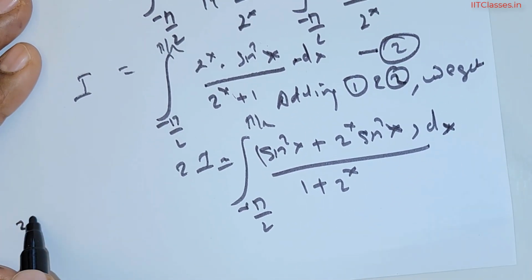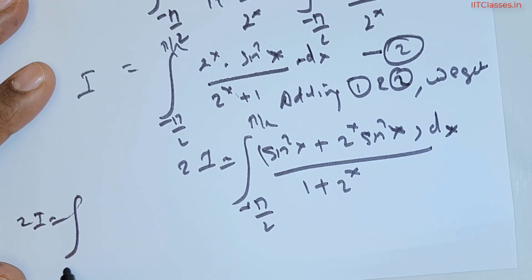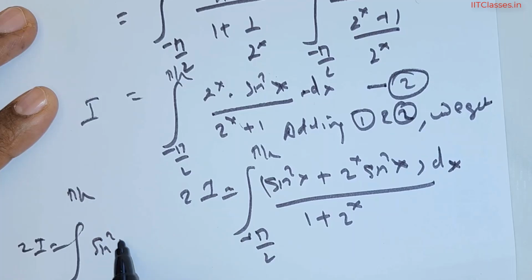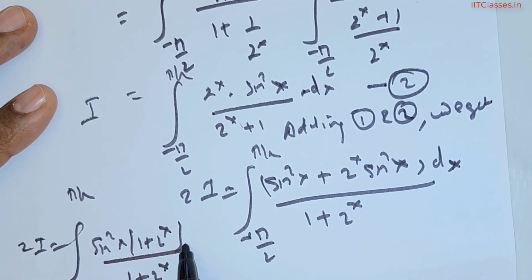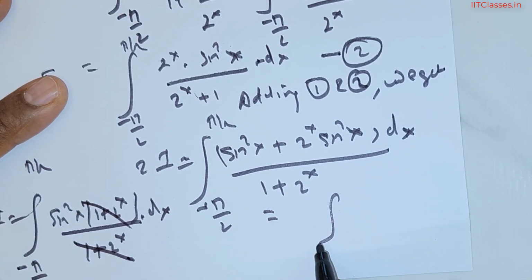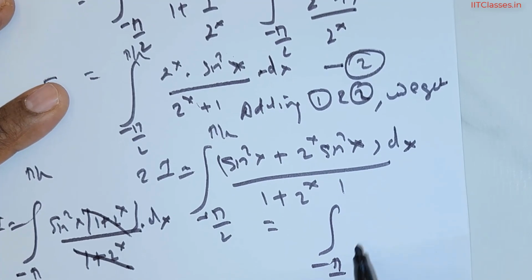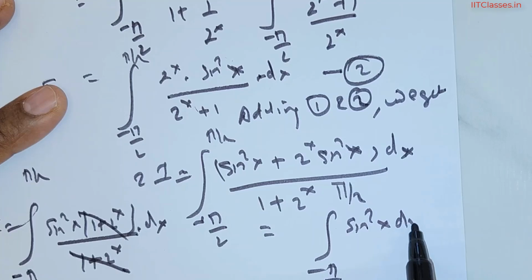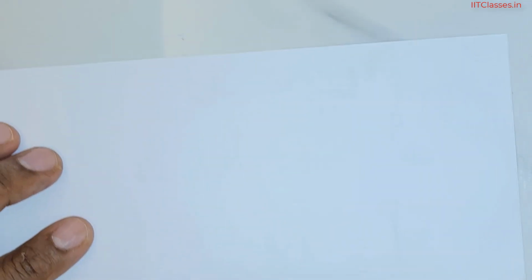So I can rewrite this as 2 times I is equal to integral negative pi over 2 to pi over 2 of sine squared x. I can take it out, so I have 1 plus 2 raised to the power of x divided by 1 plus 2 raised to the power of x, dx. These two get cancelled, giving me integral negative pi over 2 to pi over 2 of sine squared x dx.